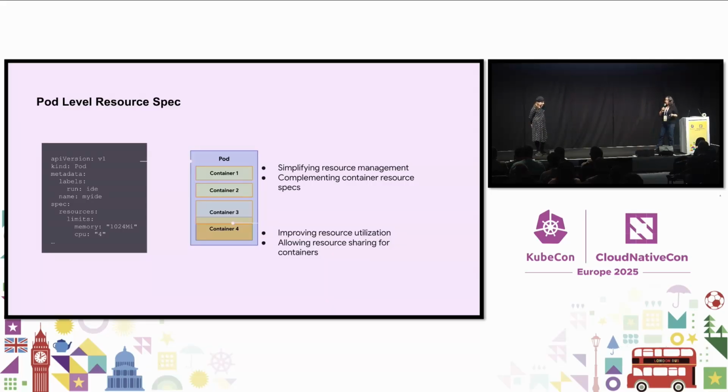But for advanced applications, for example, a machine learning workload which has a data process pre-pull container, which requires a lot of resource spec at the beginning, but we also need to ensure the machine learning main app has enough CPU and memory to do the training jobs.